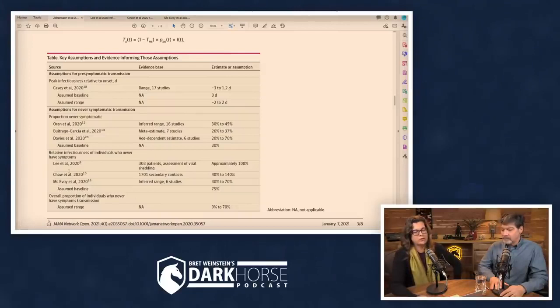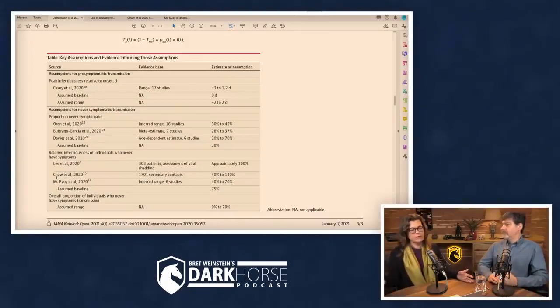Cha et al., 2020, which was their reference 15, this paper says they looked at 1,701 secondary contacts and found an infection rate of asymptomatic compared to symptomatic individuals of 40 to 140%. Wow. Okay, that's asymptomatic individuals are more infectious than symptomatic individuals according to this paper.